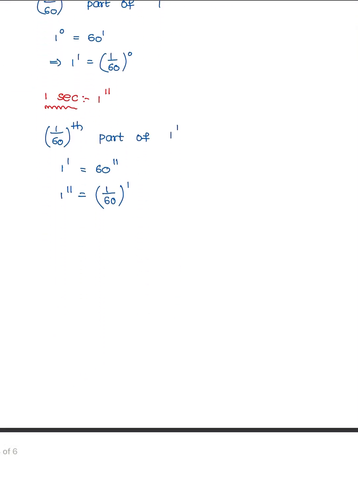In the same way, we start with grade measure. In this grade measure, to measure an angle, the unit is grades only.